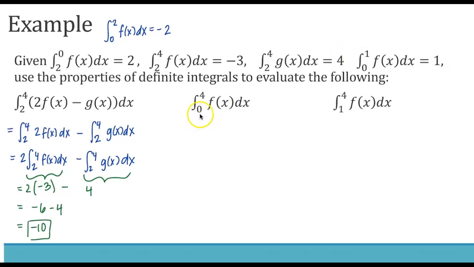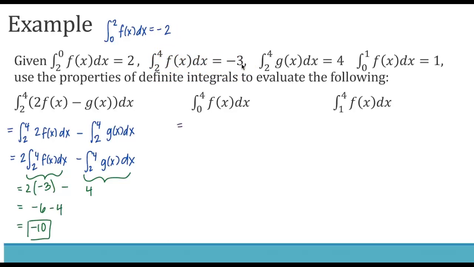Now for the second definite integral, the integral from 0 to 4 of f of x dx, we are actually going to use the first two pieces of information. So the integral from 0 to 2 of f of x dx is equal to negative 2, and the integral from 2 to 4 of f of x dx is equal to negative 3.